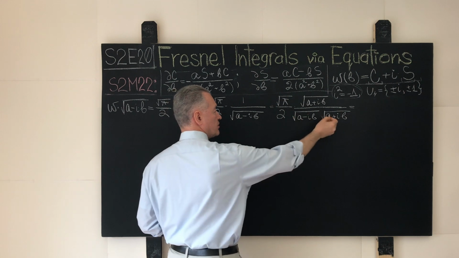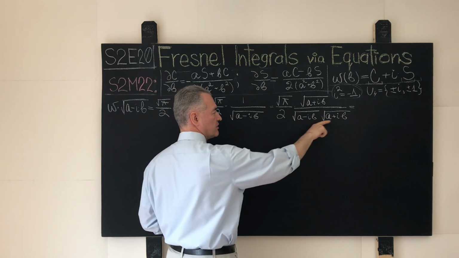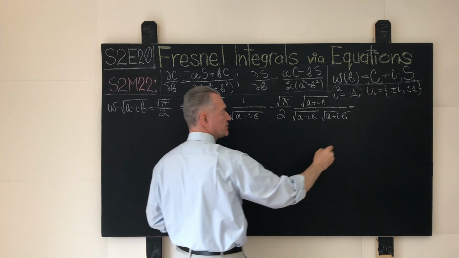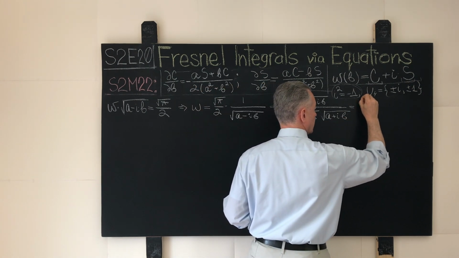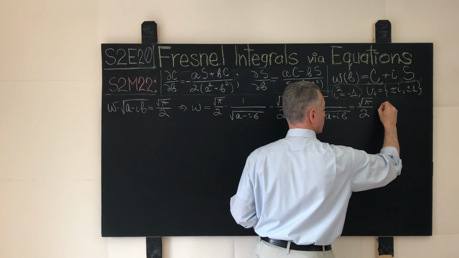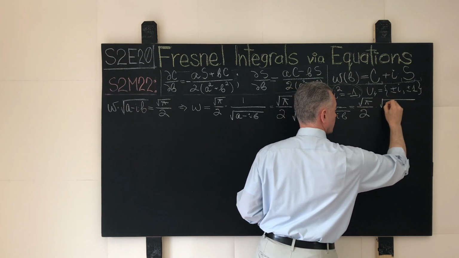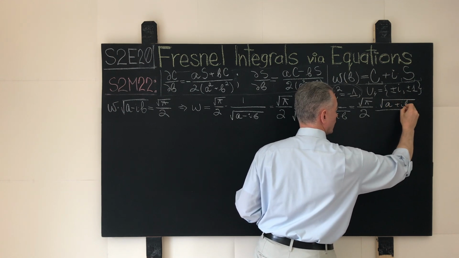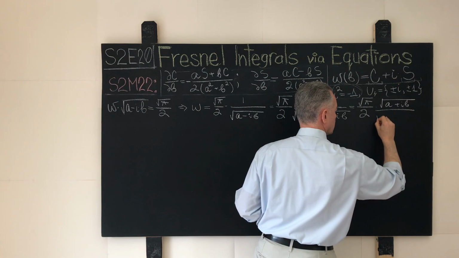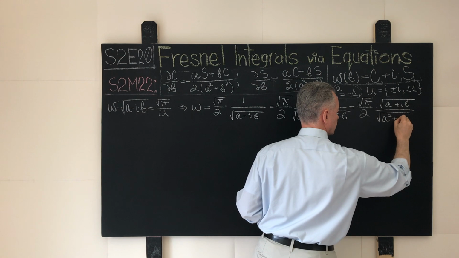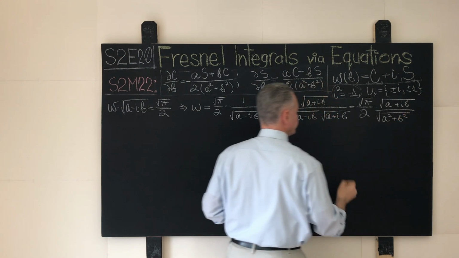When we merge these two expressions, we get the product of two conjugate numbers, and that means that what we have here is square root of pi over 2 times square root of a plus i times b over square root of sum of squares, a square plus b square.